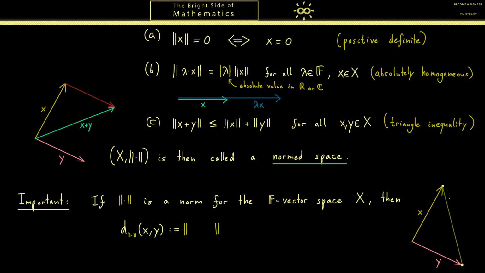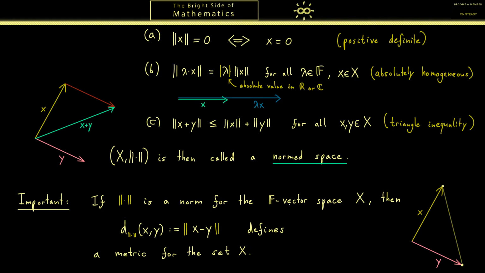And then the distance between the 2 points should be given by the connection vector, which is x minus y, and then we take the length of it. In fact, this then defines a metric for the set X. This one is not hard to show. I advise you to try it out: proving the 3 properties of the metric by just using the 3 properties of the norm.